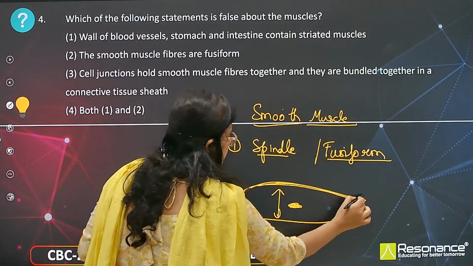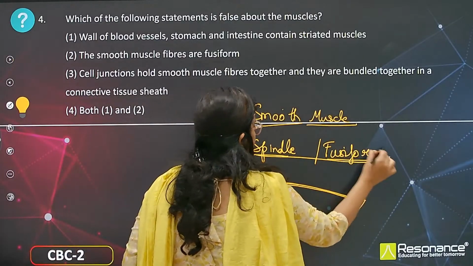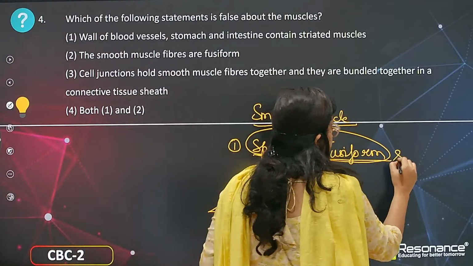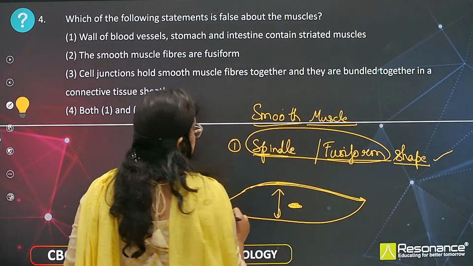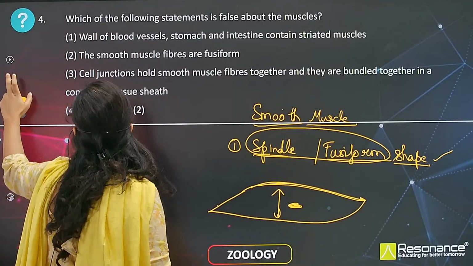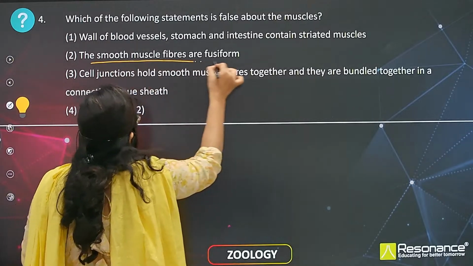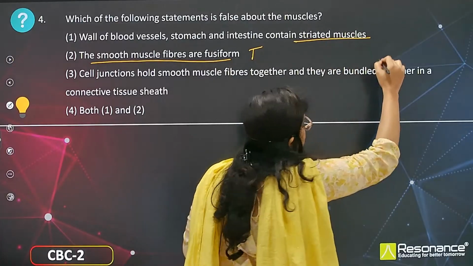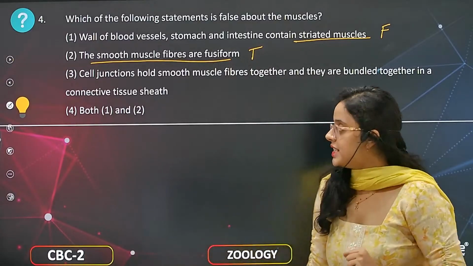So this kind of shape, tapering at the ends and broad at the center, is called fusiform shape. The smooth muscles are having spindle or fusiform shape. So yes, the smooth muscle fibers are having fusiform shape. The intestine, stomach or blood vessels have smooth muscles, not striated muscles.